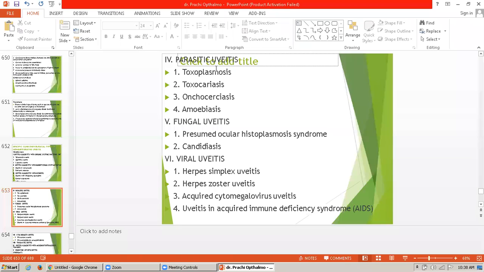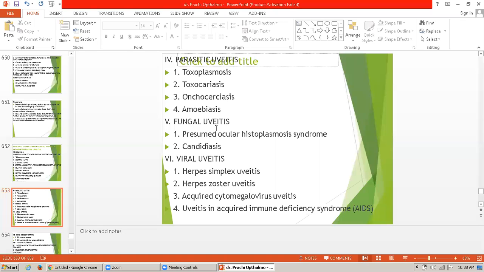Then parasitic uveitis, which includes toxoplasmosis, toxocariasis, onchocerciasis, and amoebiasis. Fungal uveitis contains presumed ocular histoplasmosis syndrome and candidiasis.